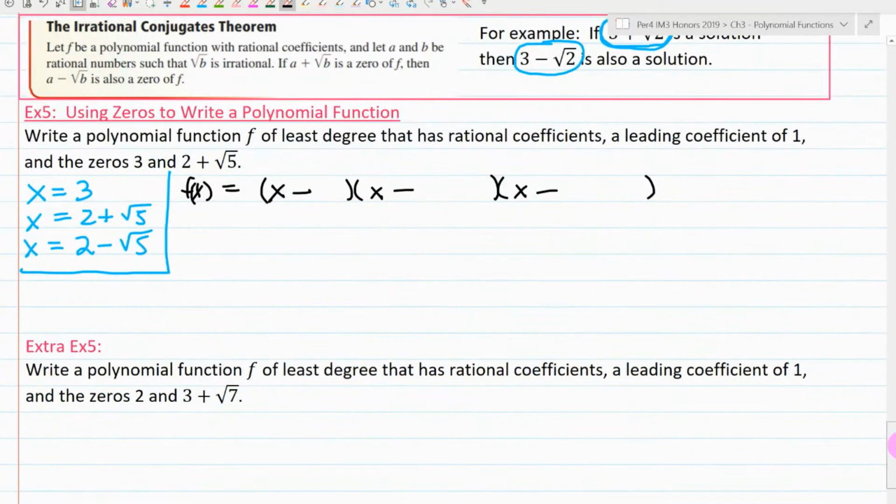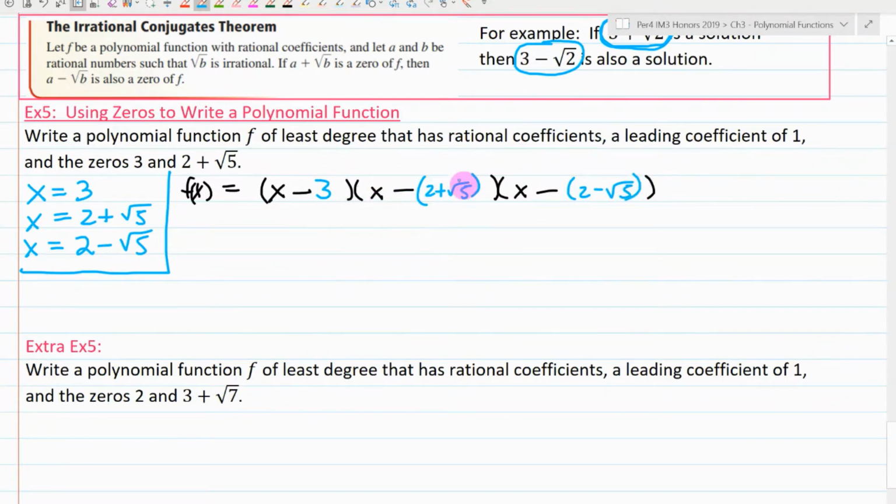And when we plug these in, we're going to have x minus 3, x minus, and then I'm going to show you something that I don't want you to write down right now, but this should be 2 plus radical 5 in parentheses, and this should be 2 minus radical 5 in parentheses.